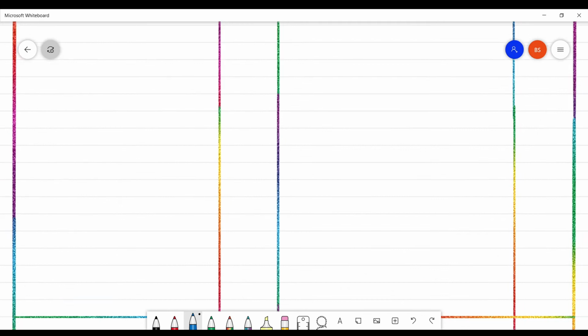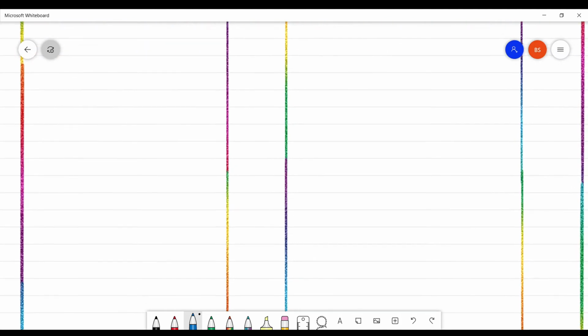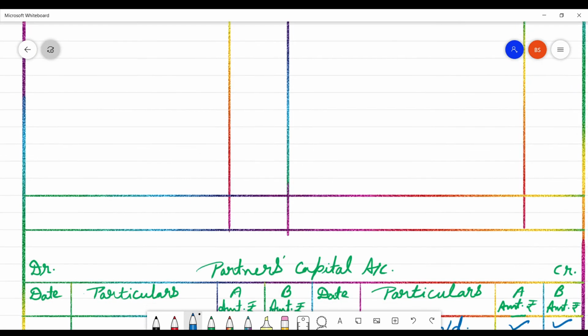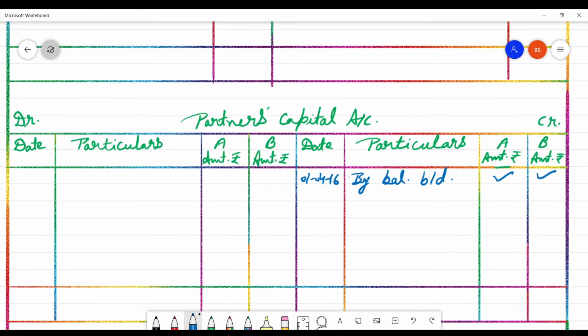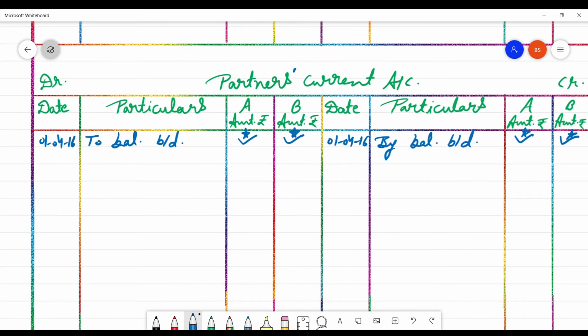Here also you have to put a star because profit and loss will not be given at the same time. Either profit is given or loss is given. After that you have to find out the drawings, and on the given date you have to write down drawings on the current account's debit side.